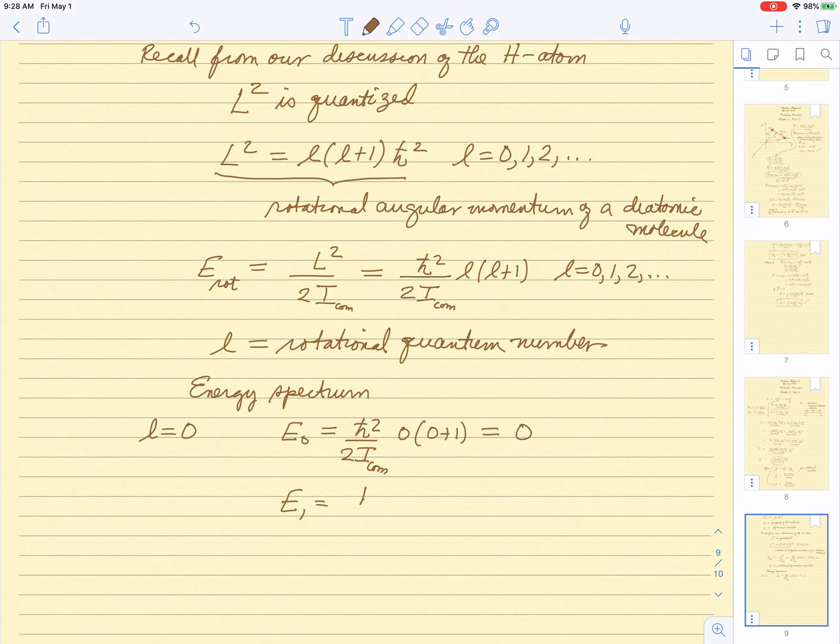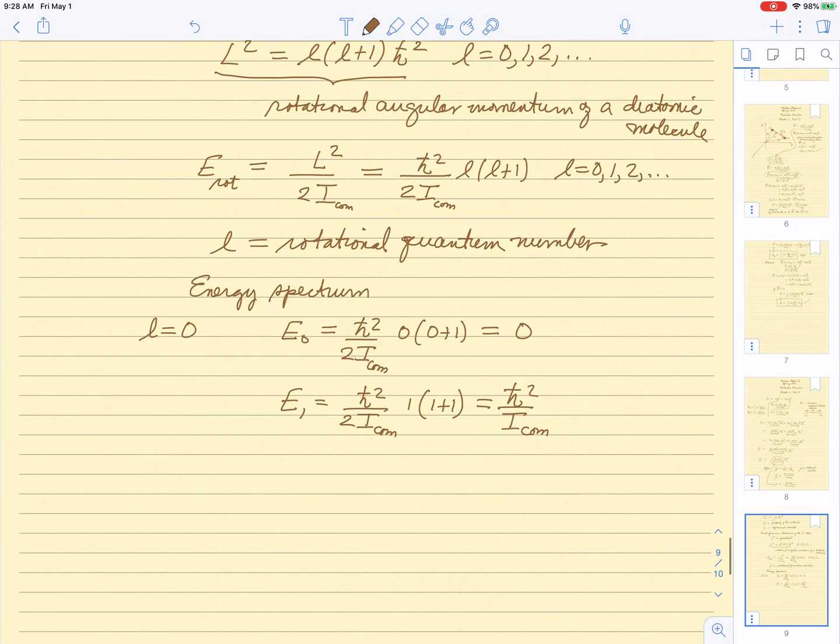E1 is going to be h bar squared over 2 times the rotational inertia about the center of mass, and this is going to be h bar squared over I center of mass.